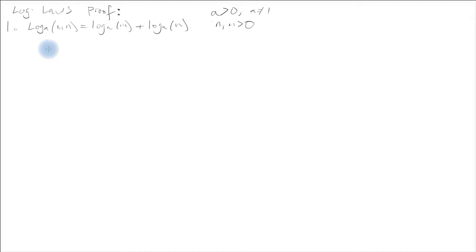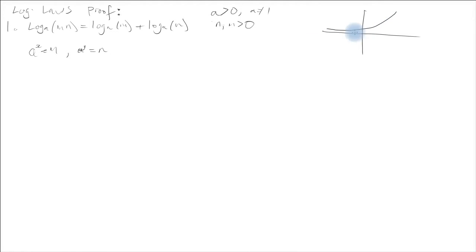Here's sort of the reason why. Okay, what we're doing here is we're saying that a to the power of some number x equals m, and also a to the power of something different, y, equals n. Now remember our sort of graph for this is looking like this.